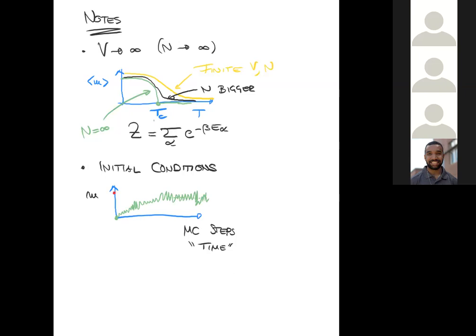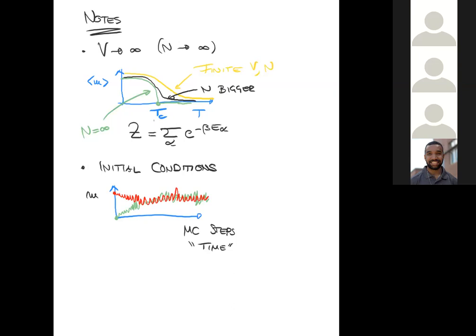Now, the theorem says that the thing will converge. So this should ultimately reach the same equilibrium configuration. It should look something like this: initially it fluctuates somewhat differently, but eventually it fluctuates around the same mean value. And so this is a neat check, because initially your system is not in equilibrium.